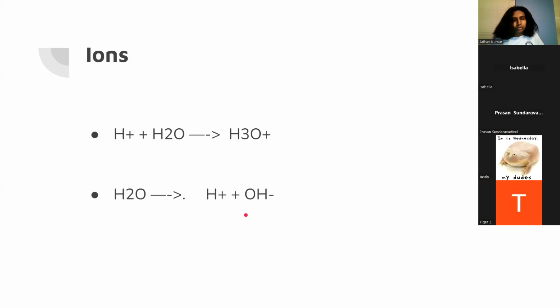So we look here with the acids: this hydrogen ion bonds with this water to form this hydronium. What's interesting is that water itself can basically be broken up into a hydrogen H+ ion and a hydroxide ion, right?